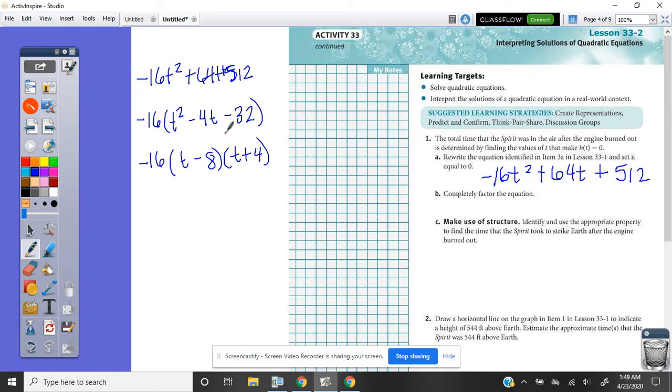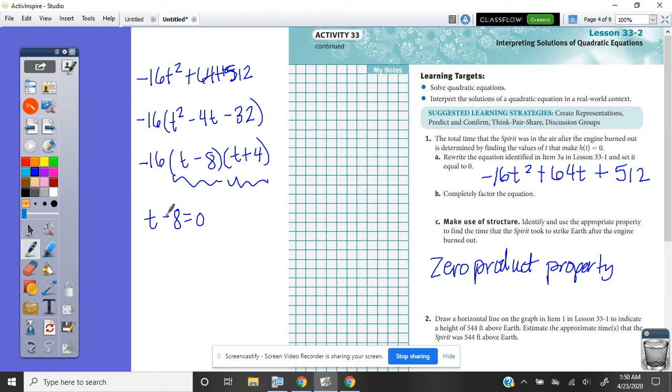Okay, on C, it asks you to identify and use the appropriate property to find the time that it took the spirit to strike Earth after the engine burned out. So that would be the zero product property. So that is when we take our factors and just set them equal to 0.